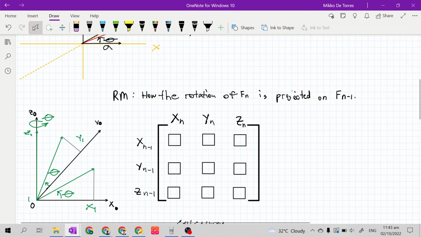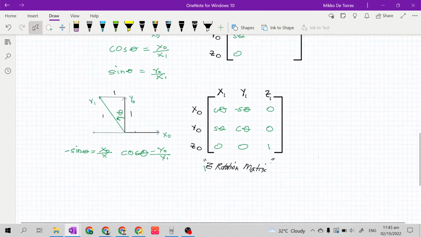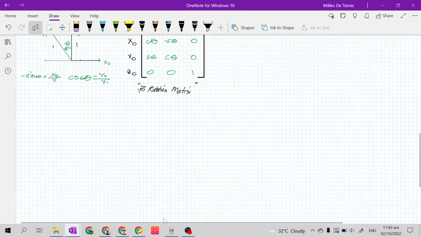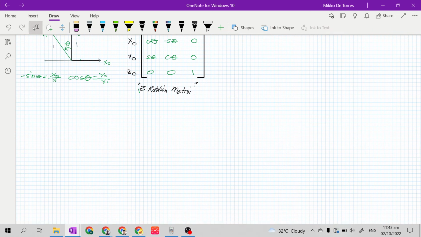So it means there will also be an x rotation matrix and a y rotation matrix. This is just for the z rotation matrix.